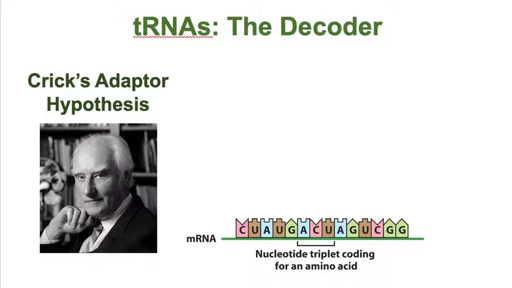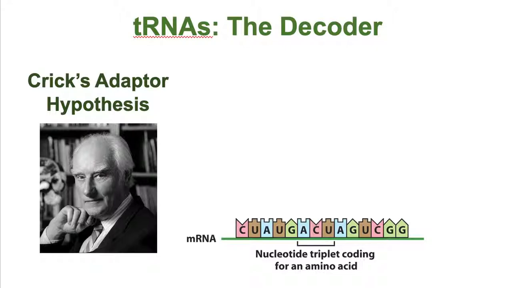But these guys actually decoded the message, of what codons signify certain amino acids. And they won the Nobel Prize for this. What they came up with was a way to essentially synthesize the RNA that they could then put in an in vitro system and see what kind of amino acids were incorporated.